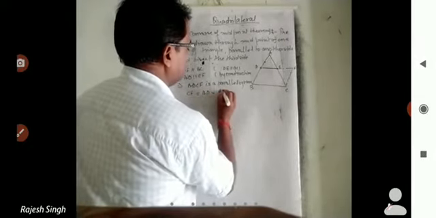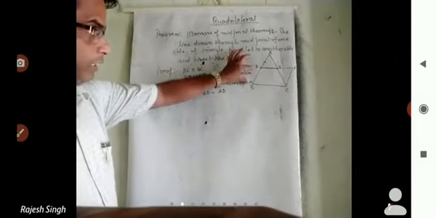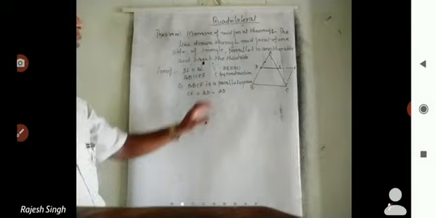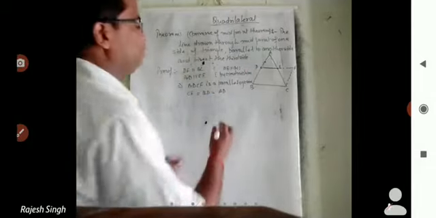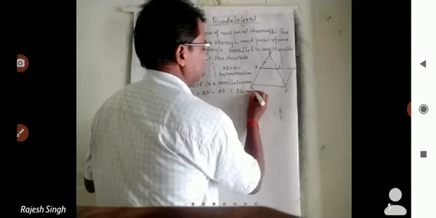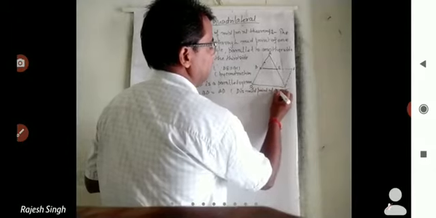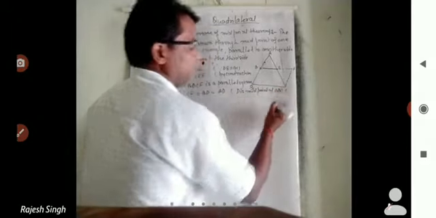BD and AD are equal because D is the midpoint of side AB. That's why we have written it.